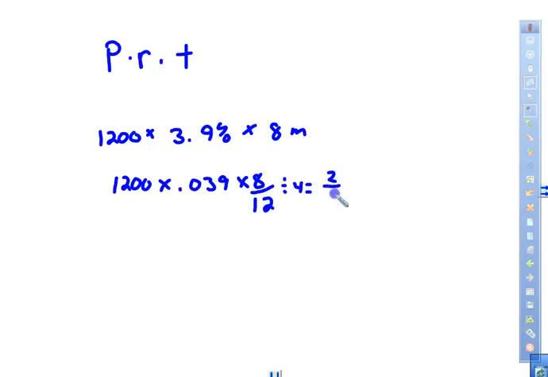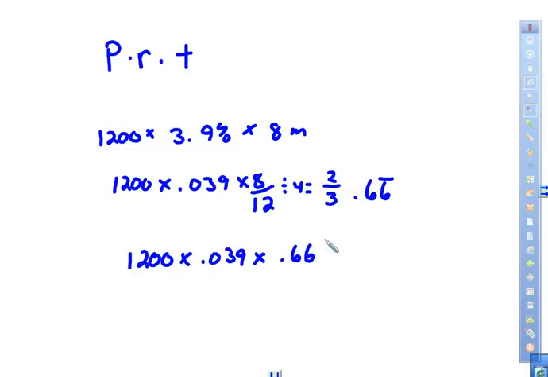which is going to give me 2/3. And if we write that as a decimal, we can take that 2 divided by 3 and get 0.66, and that is a repeating decimal. So I would take my 1,200 times 0.039 times 0.66 repeating.